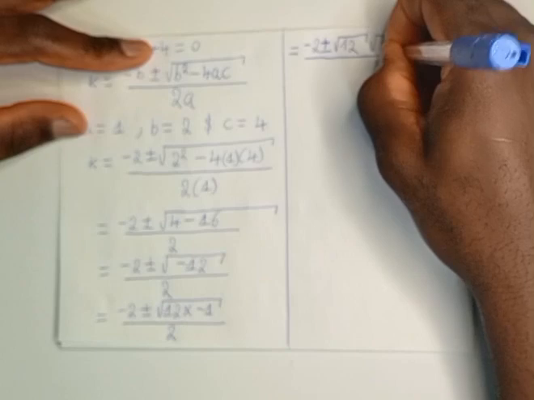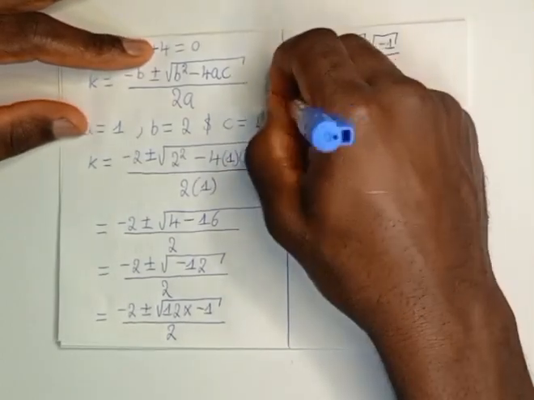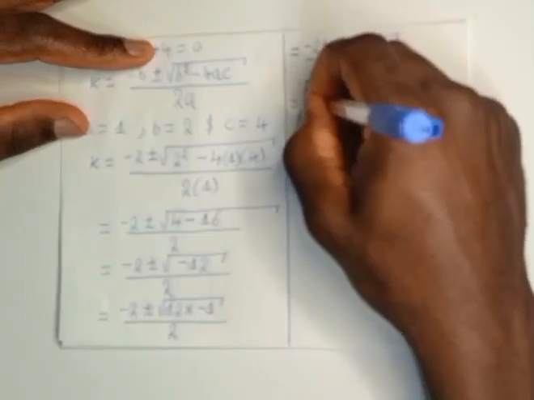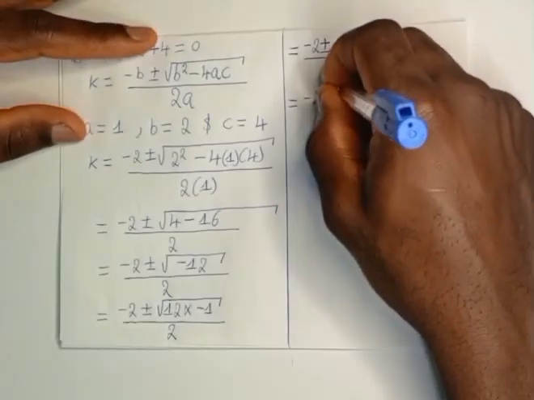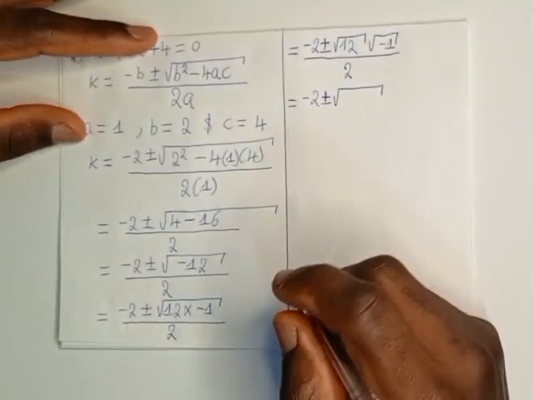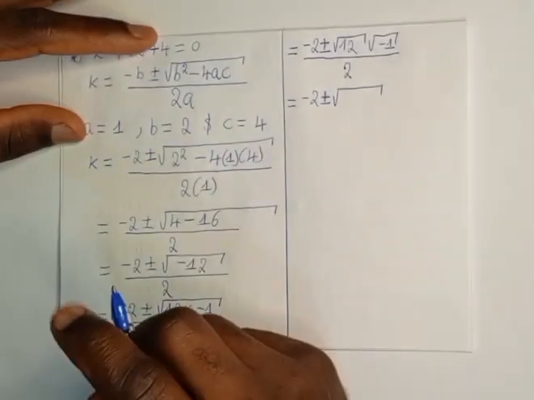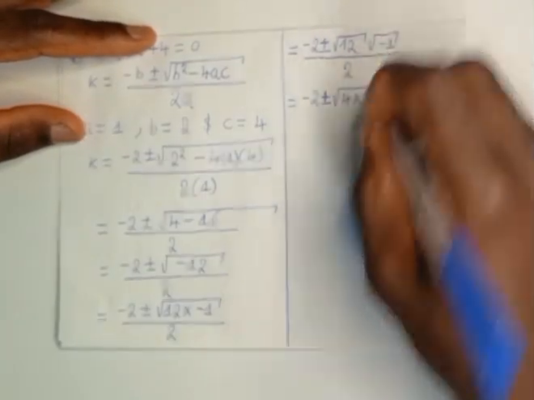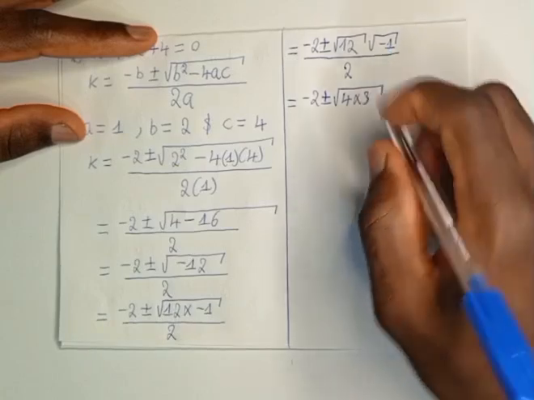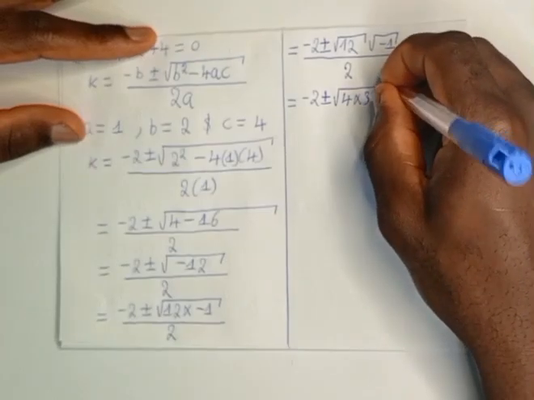We can express 12 as the product of two numbers such that one of the numbers is a perfect square. 12 can be expressed as 4 times 3. The square root of negative 1 gives us i.